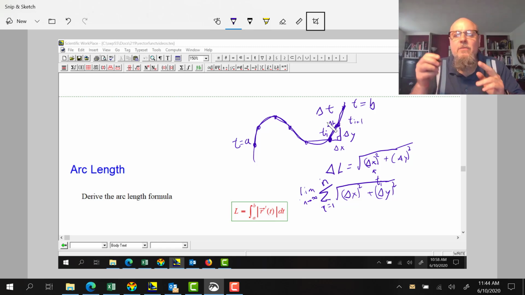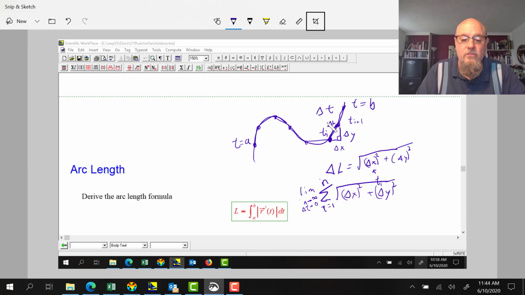As n goes to infinity, the delta t goes to 0, but the delta x shrinks to 0 and the delta y shrinks to 0, at different rates depending on what the slope is. So I want this to be integrated with respect to dt.